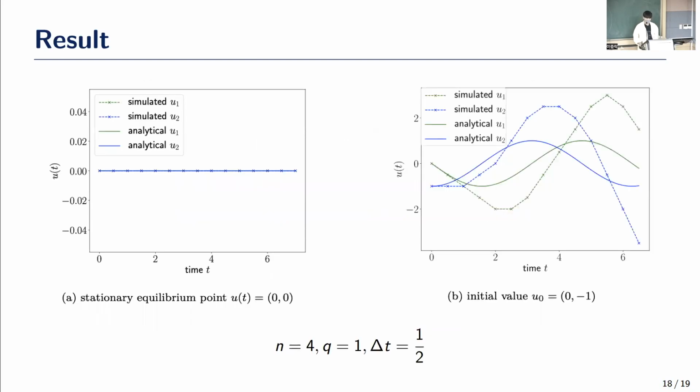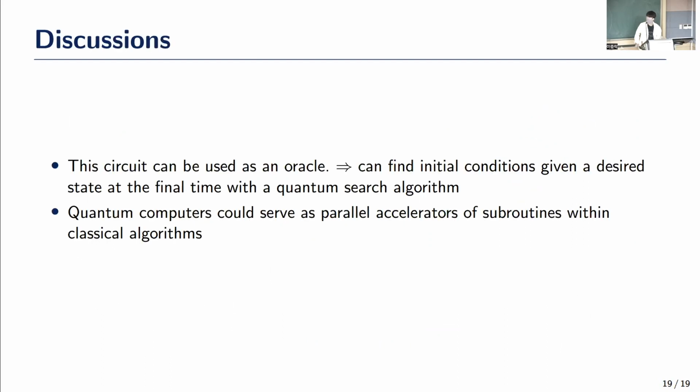These graphs are the result of the simulation and the analytic solution. One may think that this circuit is just a limit of the classical algorithm, but it has advantages.